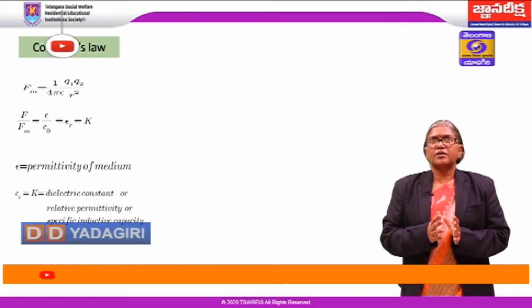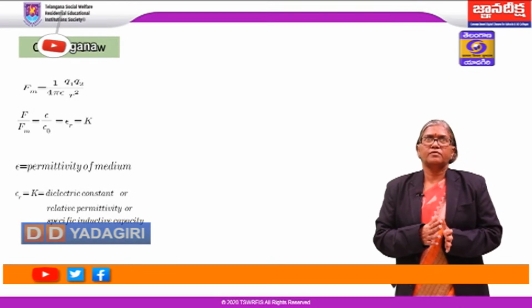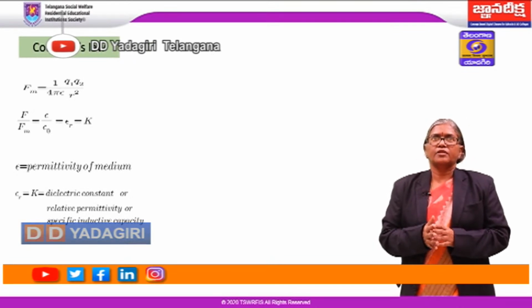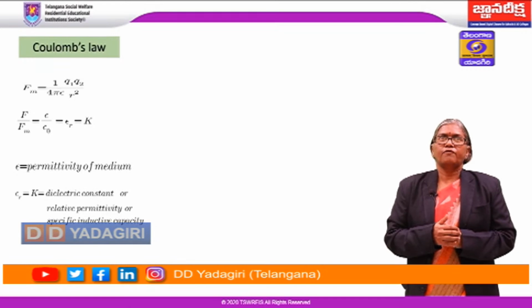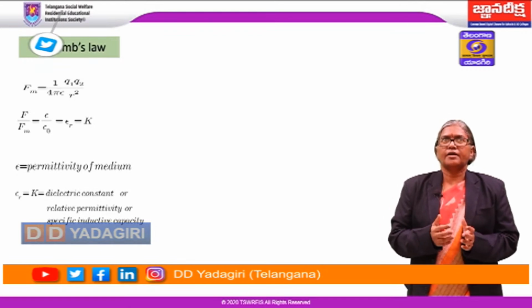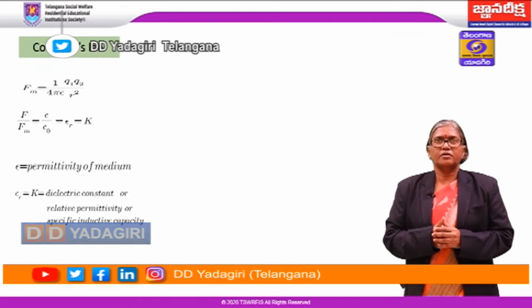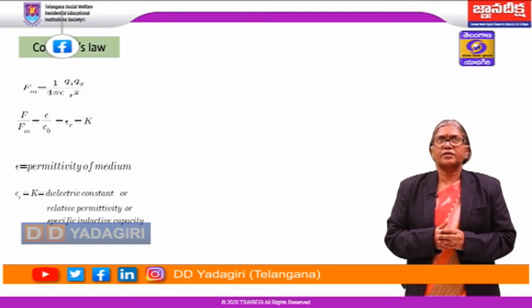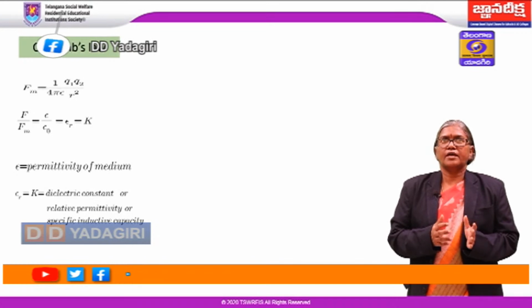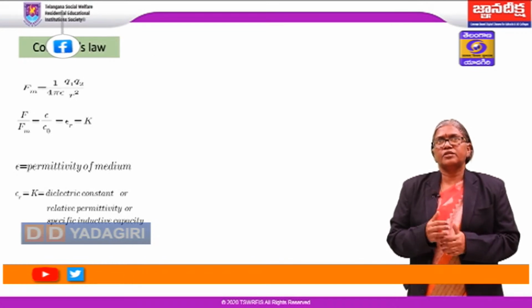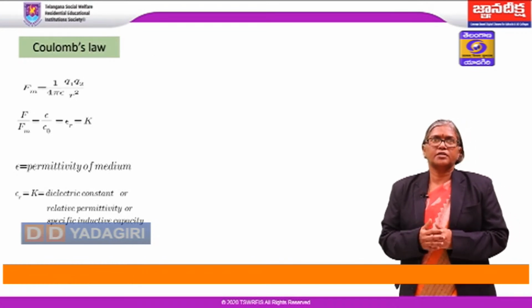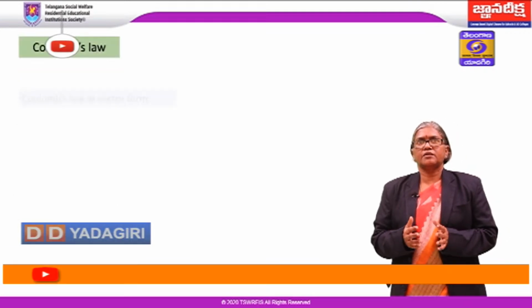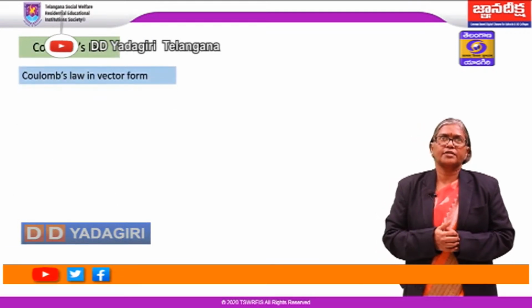If both charges are unlike, that is one positive and another one negative, the force will be negative, which means that there is an attractive force. The force of attraction or repulsion is equal and opposite. Hence, they form an action-reaction pair. So this force obeys Newton's third law, that is, action is equal and opposite to the reaction.